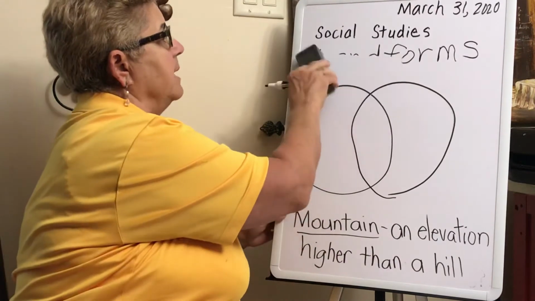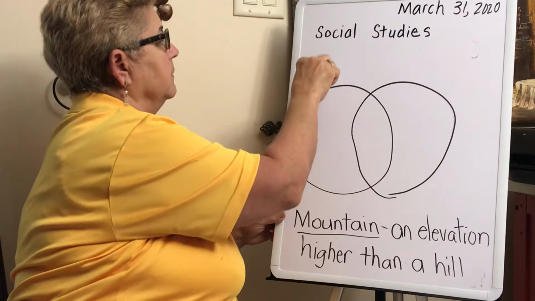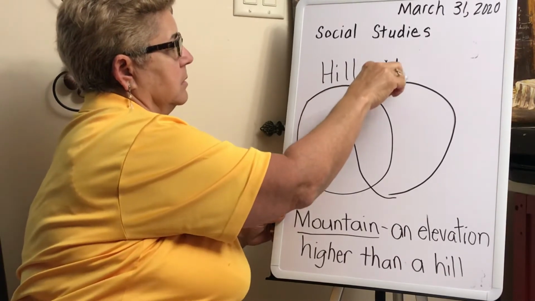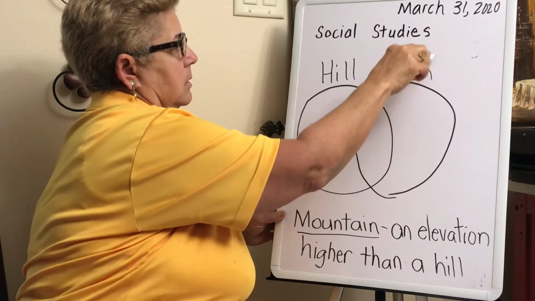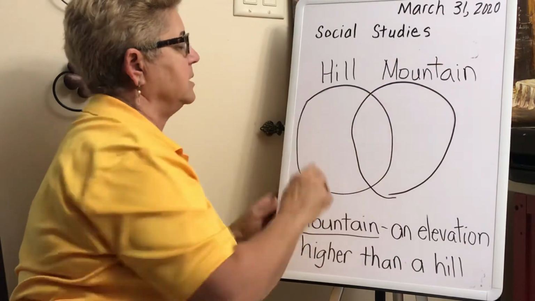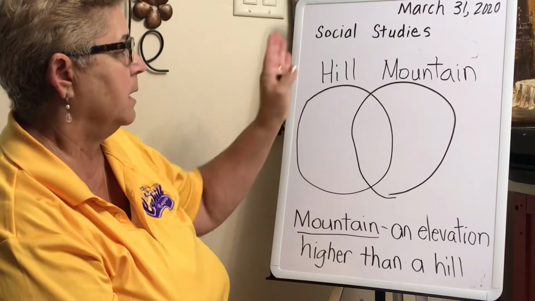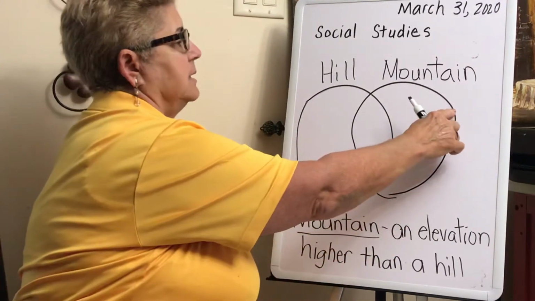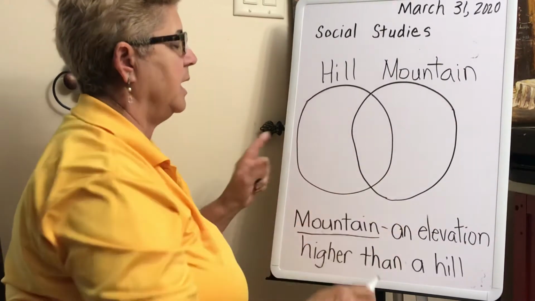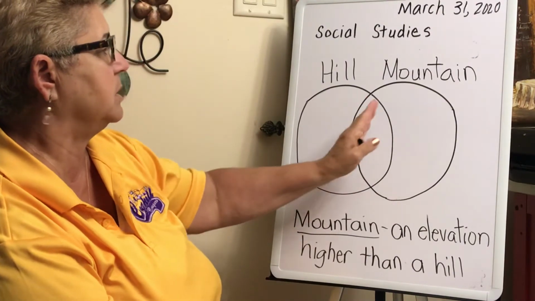And then on the top, we're going to write hill, and we're going to write mountain. And on this side, we're going to say something that just belongs to the hill. On this side, we're going to say something that's just talking about the mountain. And then on this side, we're going to put something in the middle because it belongs to both.